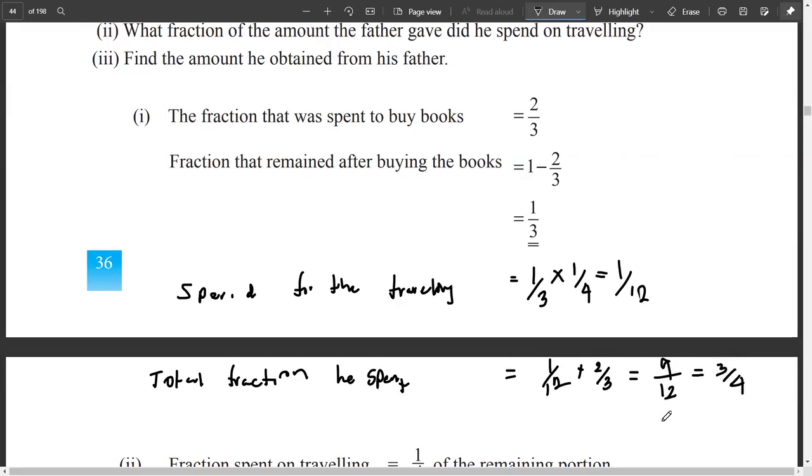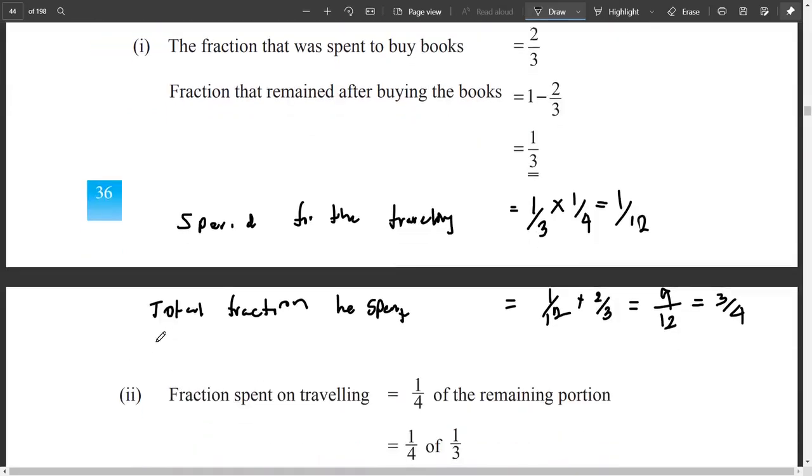Okay, so the remaining fraction should be 1 minus 3 over 4, which is 1 over 4.